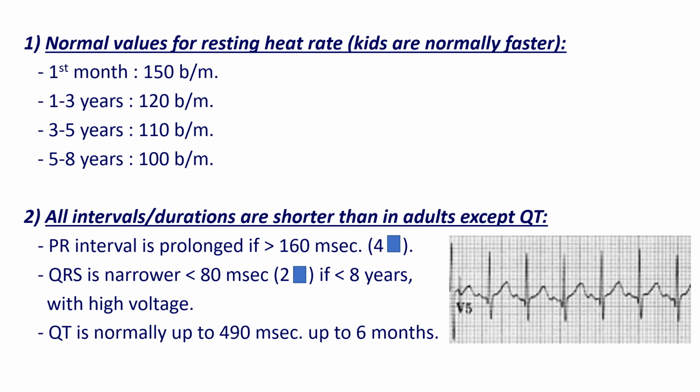So the normal PR interval is less than 160 milliseconds, so less than 4 small squares. For adults, it's 3 to 5. The QRS duration is less than 2 small squares. The QT is the only thing that is longer in pediatrics than in adults, and normally it can be up to 490 milliseconds. That's up to the age of 6 months.